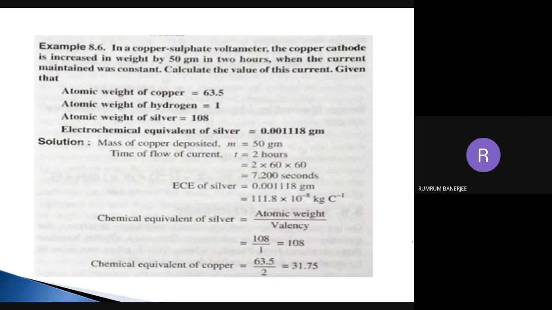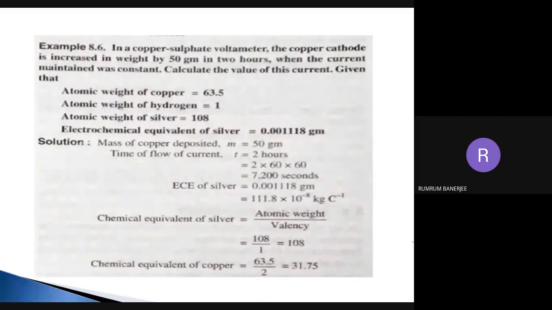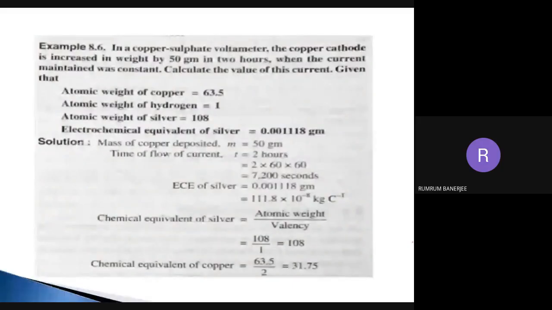So, let us consider the problem. In a copper sulfate voltameter, the copper cathode increases in mass when the current is maintained constant. The atomic weight of copper is 63.5, atomic weight of hydrogen is 1, and atomic weight of silver is 108.